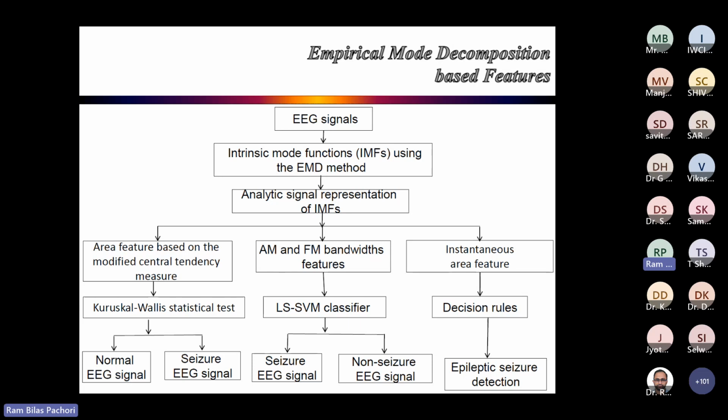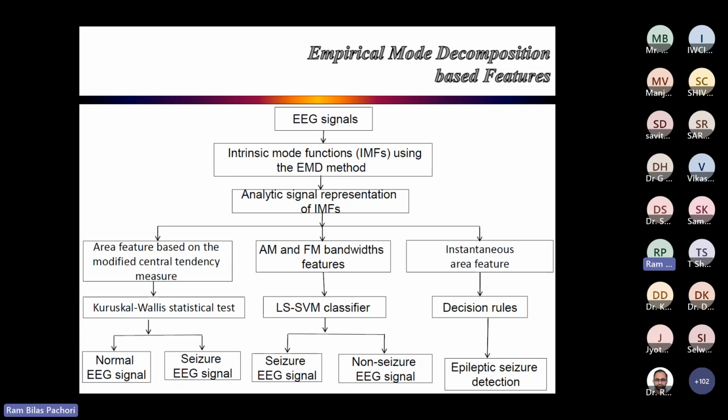Resolution, localization, concentration is proportional to 1 upon spread. So these sinusoidal functions, due to infinite duration, have zero time localization or zero time resolution, and due to that they are not able to represent non-stationary signals, which are the most common in real life. The EEG signal is one such kind of signal where the parameters of the model change with time.